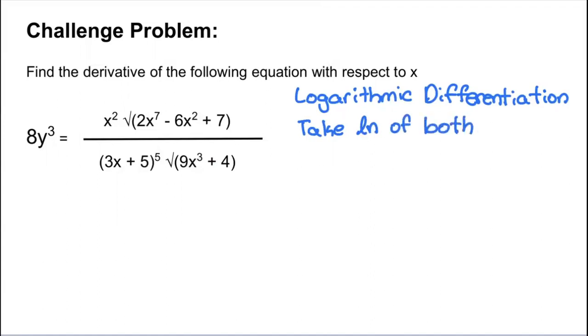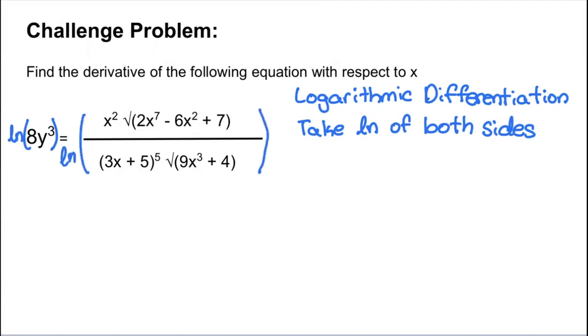The natural log is what's used in calculus since it's a standardized log. We don't really use log base 10, for example. So instead of taking the derivative of both sides, what we're first going to do is take ln of this left-hand side and ln of this right-hand side.